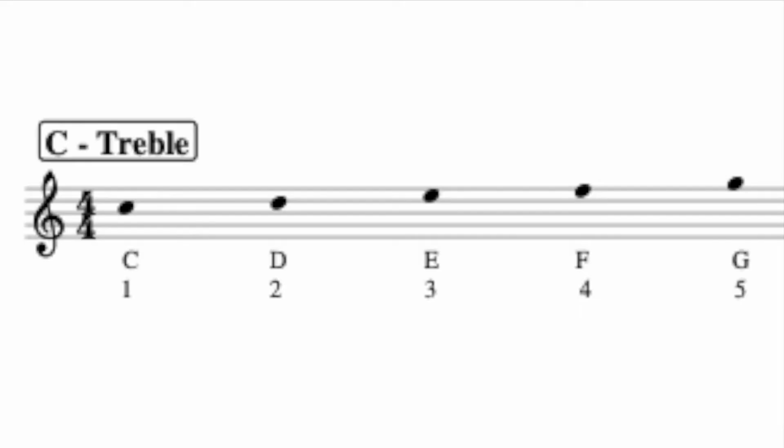So, now that we have 3 notes and we've sort of noodled around on them, let's add 2 more notes. We are now going to use the first 5 notes of the scale. So, as a reminder, here is your notes for C instruments. And here is your notes for B-flat instruments.